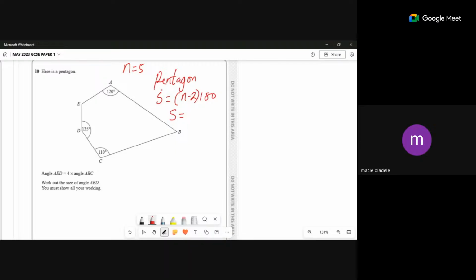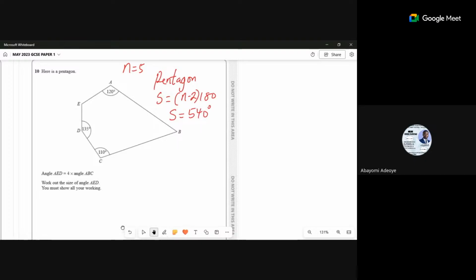What does n stand for? 5 take away 2, times 180. It will be 3 times 180, which is 540 degrees.